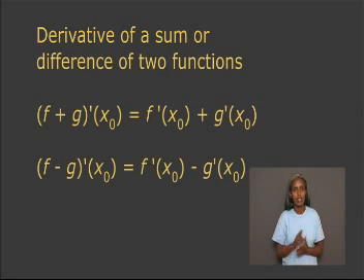This is called the sum rule. (f minus g)'(x naught) equals f'(x naught) minus g'(x naught). This is called the difference rule.